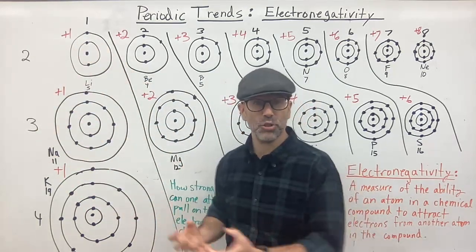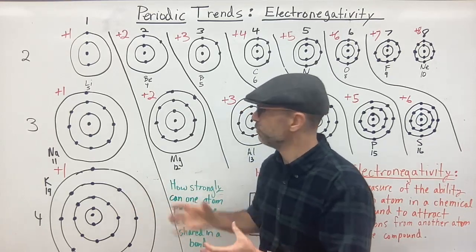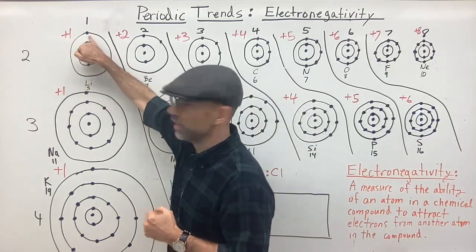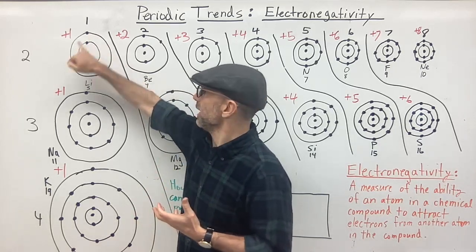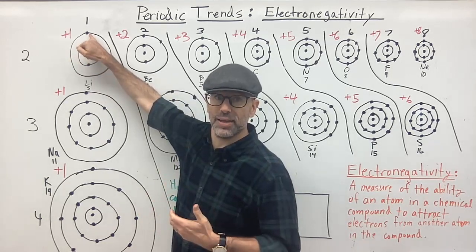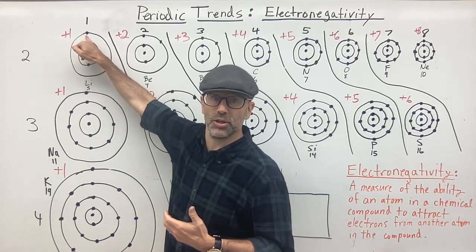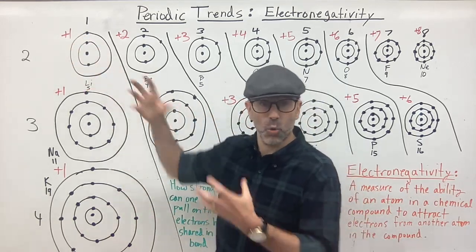If the valence electrons are the electrons involved in the bond, and the bigger the atom, the farther away the valence electron is, then it's going to have a weaker pull.